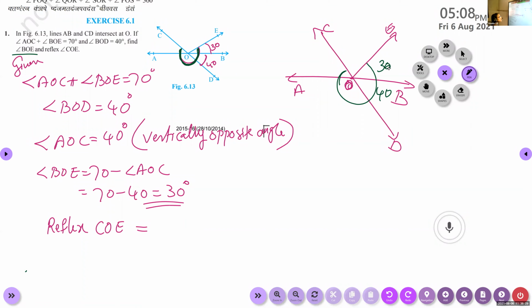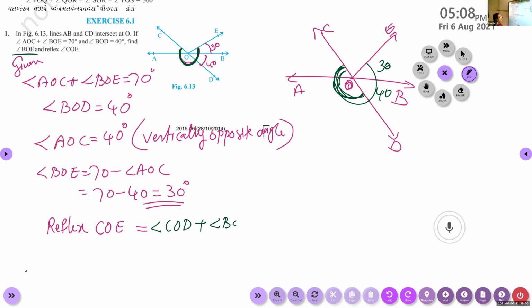Ma'am, COD is a linear pair. Yes, it is a line. Correct. COD is a line, so it is 180. I will write on the board. See, reflex COE is the sum of angle COD, which is a line, 180, plus the other two angles, BOE and BOD.